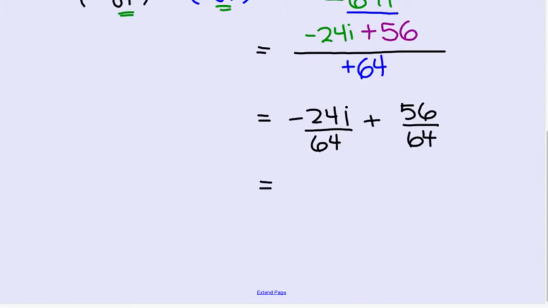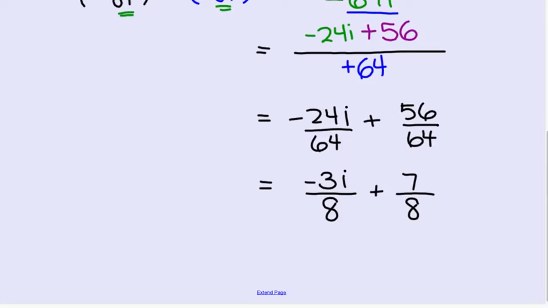So negative 24 divided by 8 is negative 3, and 64 divided by 8 is 8. In the second fraction, I can divide the numerator and denominator both by 8. And there's my final answer.